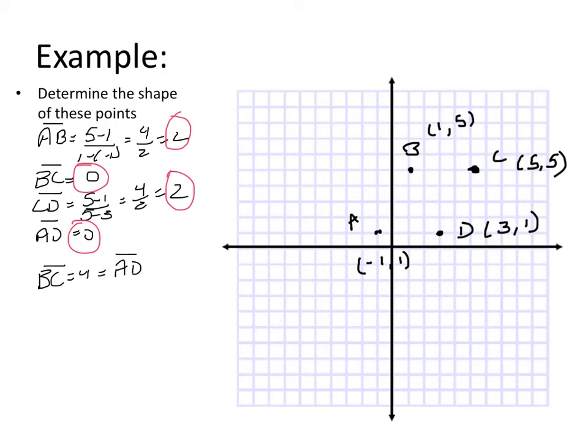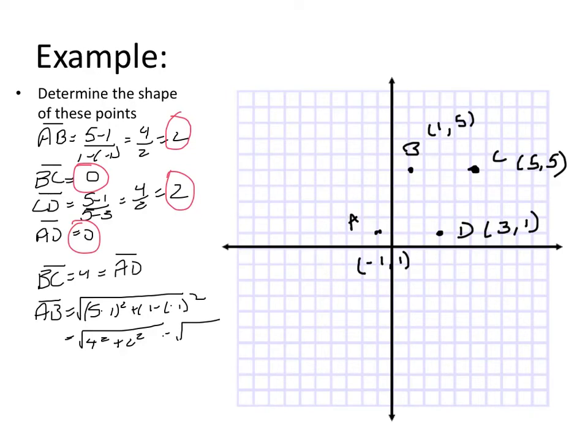Now we need to check the distance between A and B. That's going to equal the square root of 5 minus 1 squared plus 1 minus -1 squared. So that's the square root of 4 squared plus 2 squared, which is the square root of 16 plus 4, which is the square root of 20.